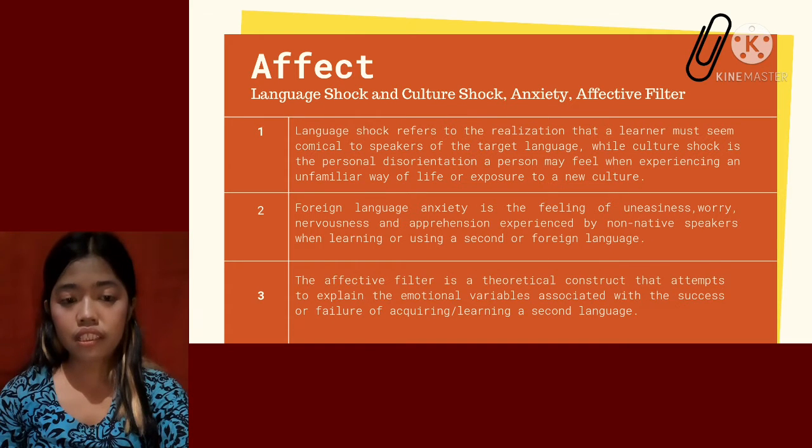Foreign language anxiety is the feeling of uneasiness, worry, nervousness, and apprehension experienced by non-native speakers when learning or using a second or foreign language.